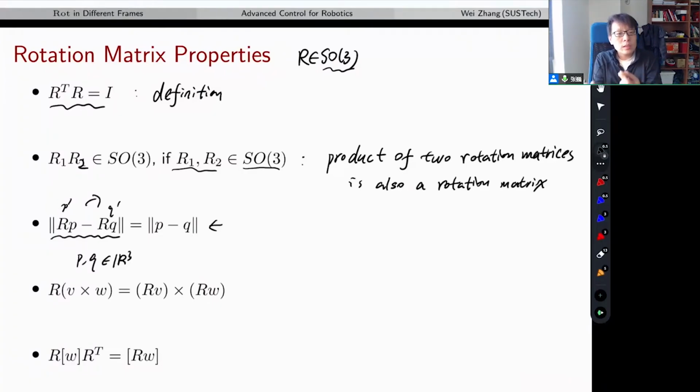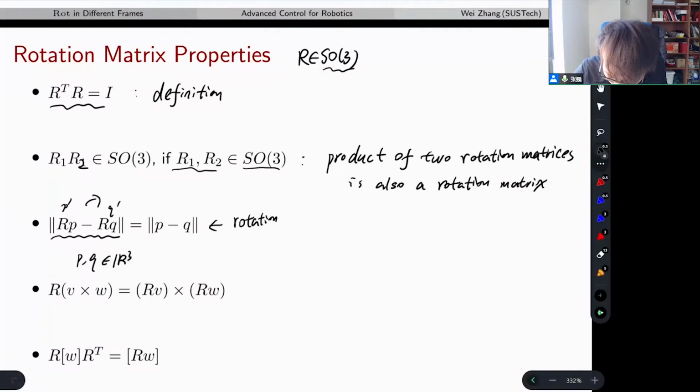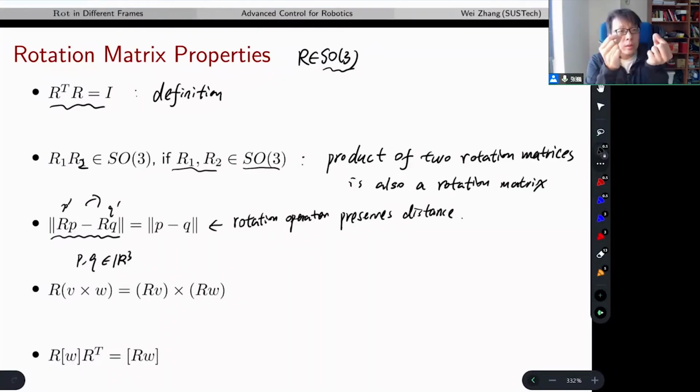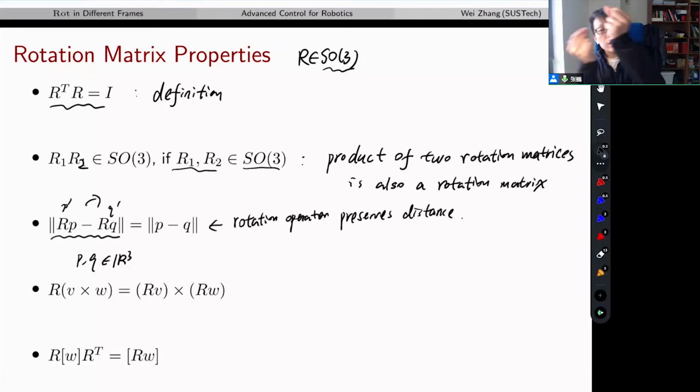You operate on these two points, and this equation means the rotation operator preserves distance. So the distance between the two points after rotation is the same. That's why rotation is a rigid body operation. It preserves orientation, preserves distance.